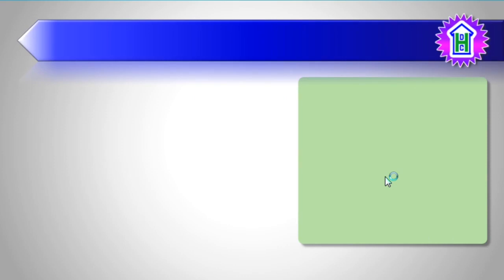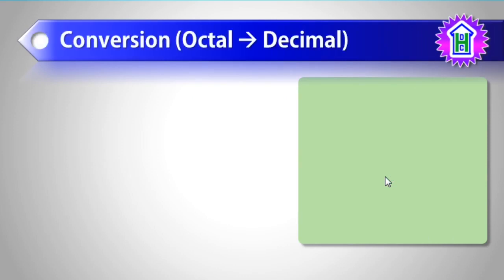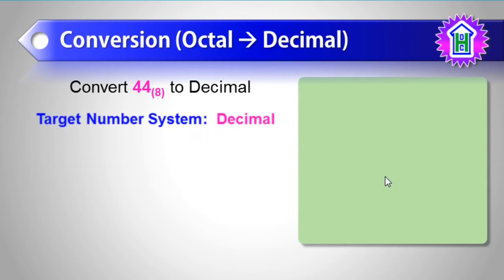The next conversion will be from octal to decimal. So we will be converting 44, which is in octal, to decimal. So the target number system is decimal, to which the value is to be converted.